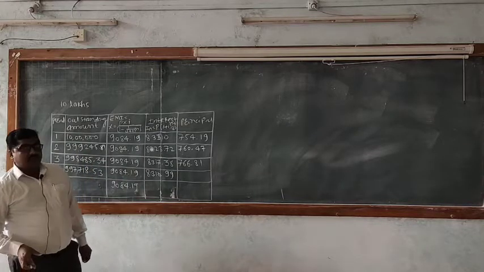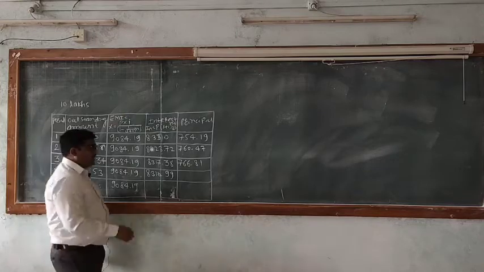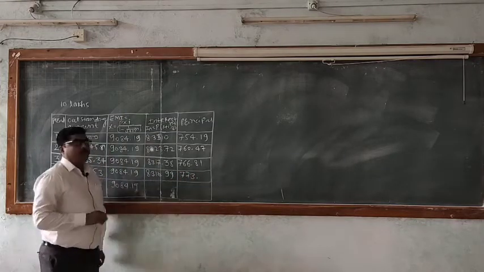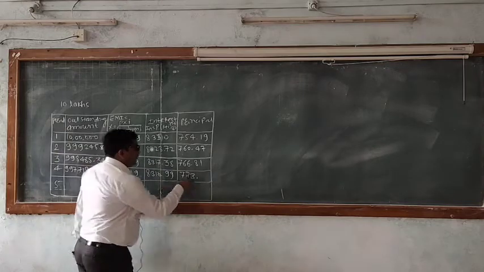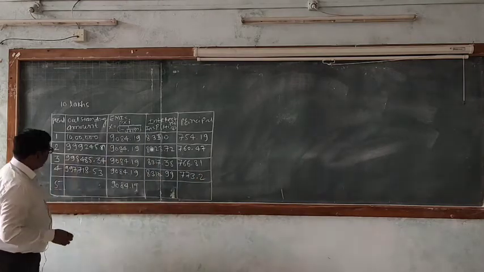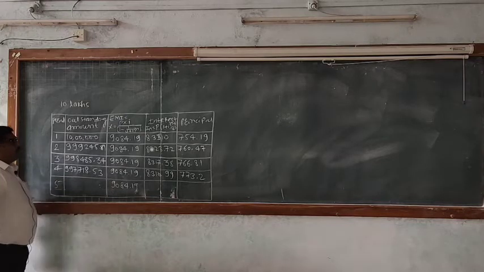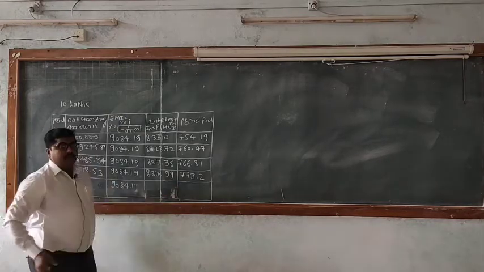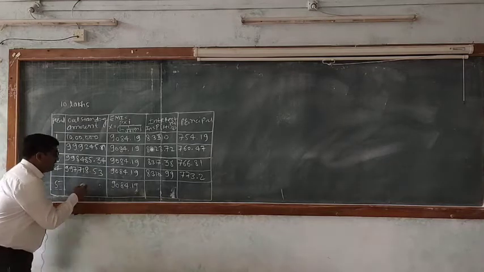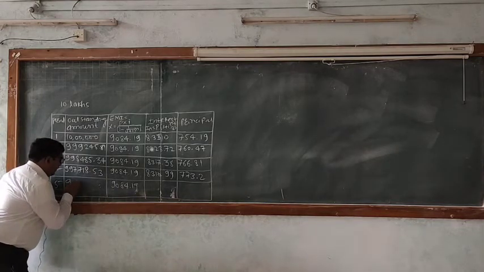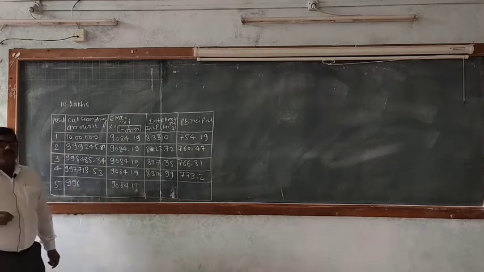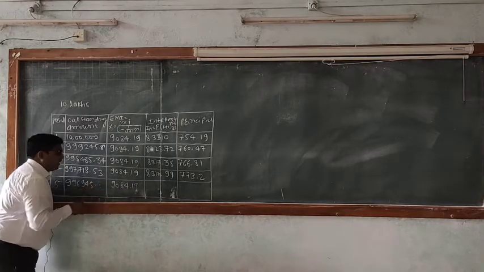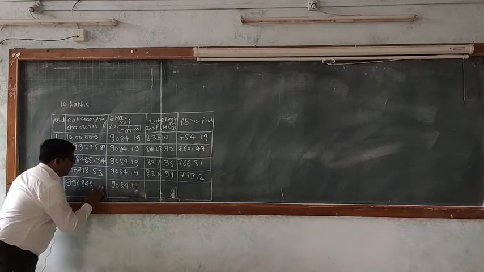Again, if we take the subtraction between the third column and fourth column, then 773.2. Again same thing, this value and this value, then 9,96,945.33.